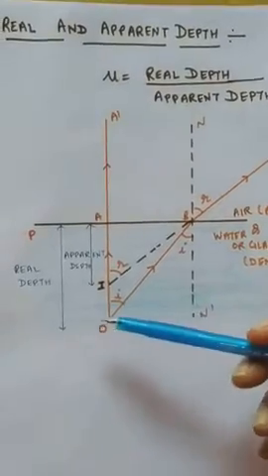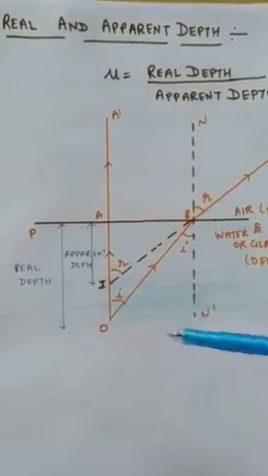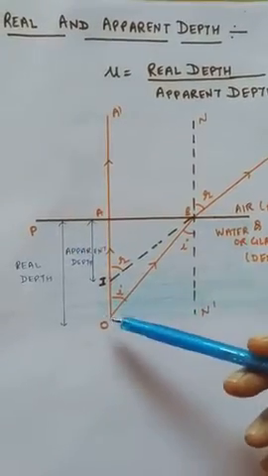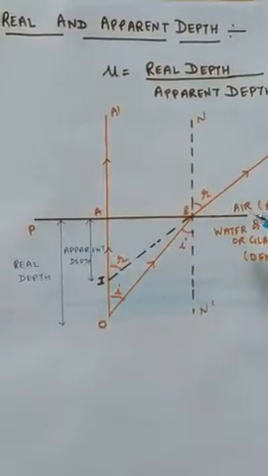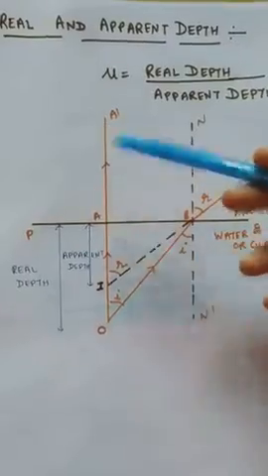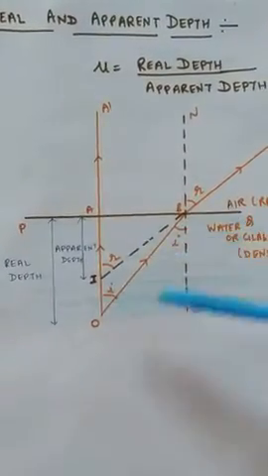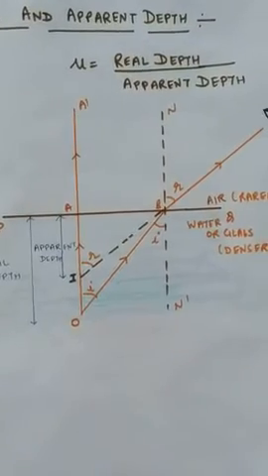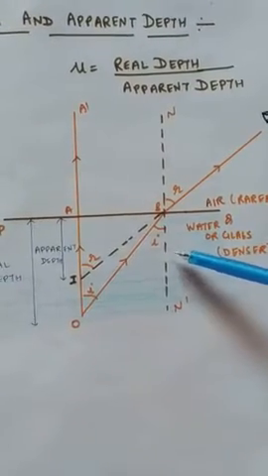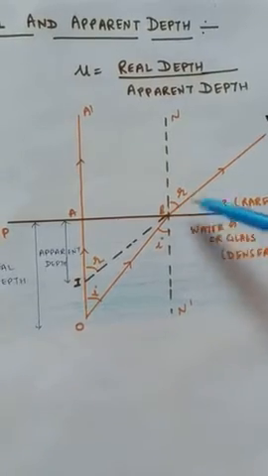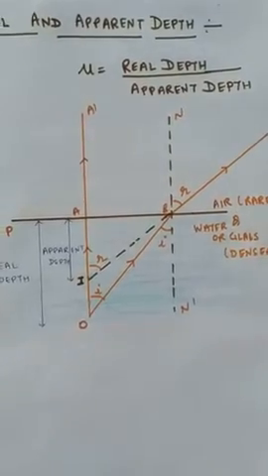Two rays of light OA and OB are incident on this surface PQ. When the ray OA strikes this surface PQ normally, it will pass undeviated. The second ray, which strikes this surface PQ obliquely, suffers refraction. We know that a ray of light going from denser to rarer medium bends away from the normal, so this ray will bend away from the normal.